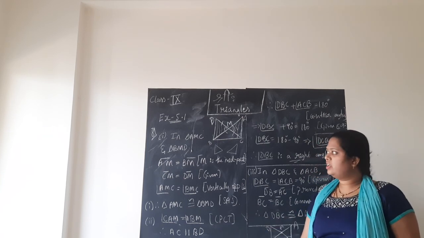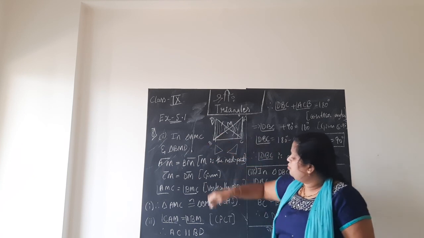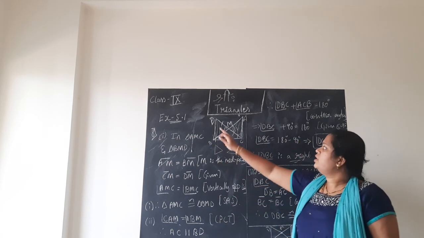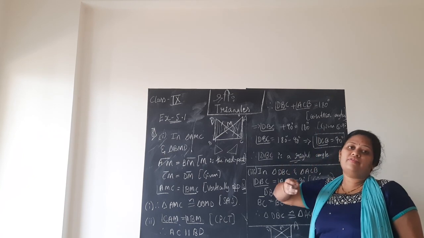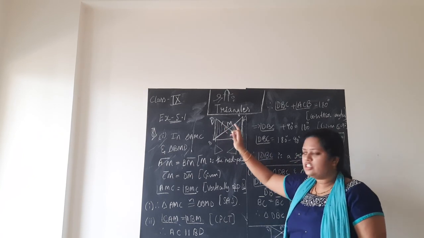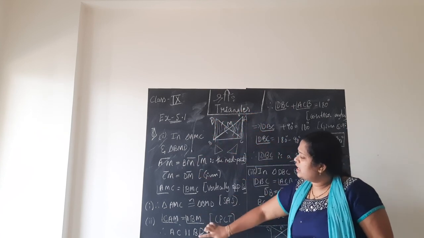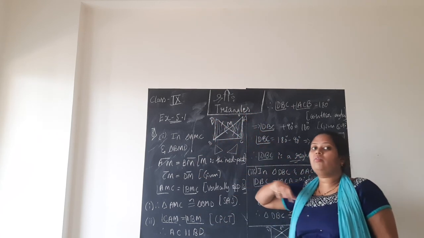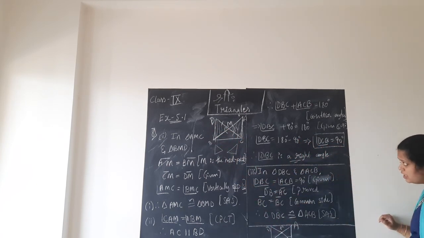So by CPCT we can say it. Once we say that, children, AC is parallel to BD, we can say. Why? Because again these are corresponding parts of congruent triangles. Since those two triangles are congruent, on AB the lines AC and BD are parallel.